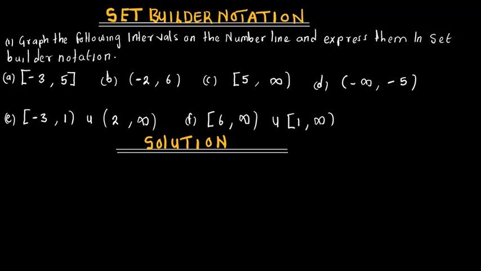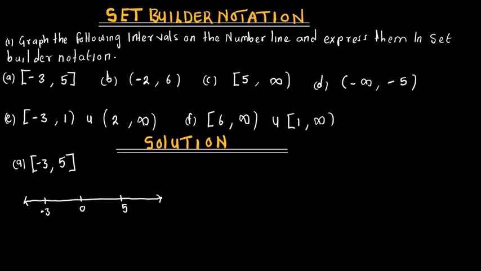So how do you write? Let's start with the first one. How do you write [-3, 5] in set builder notation? Well, very simple. Look at this. If this is our number line, we are going to have 0, -3, 5.